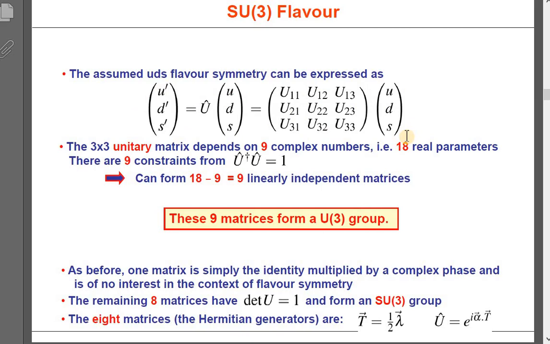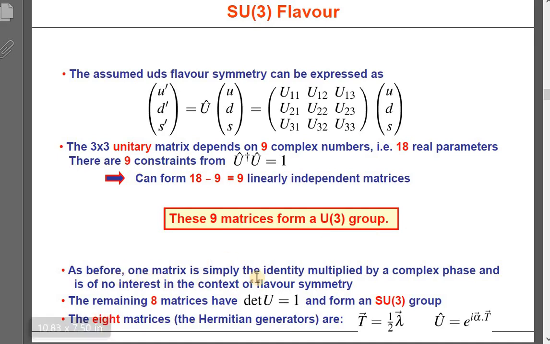If you refer to my last lecture, you will find I have done a similar discussion there, and the 3 by 3 unitary matrices depend on 9 complex numbers, so 18 real parameters. But again, there are 9 constraints from this unitarity condition, and as a result we have got 18 minus 9 equal to 9 linearly independent matrices. These 9 matrices form a U3 group.